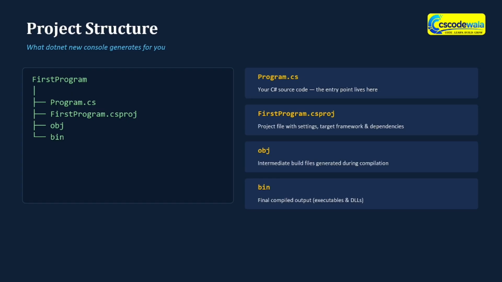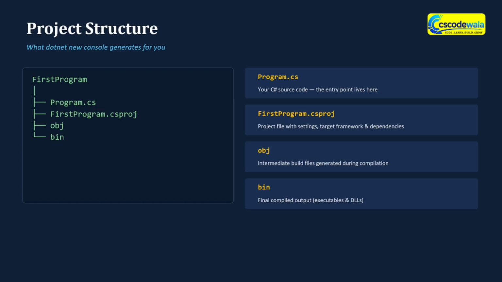Second one is your first program .csproj. This file contains project settings, target framework, package reference, and build configuration. You will also see two folders, which are obj and bin.